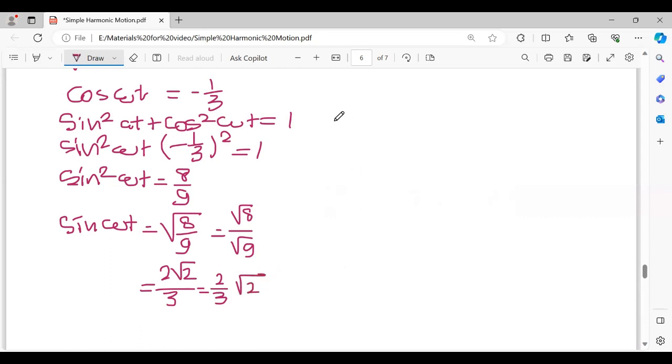So y, as you know, y equals a sine omega t.